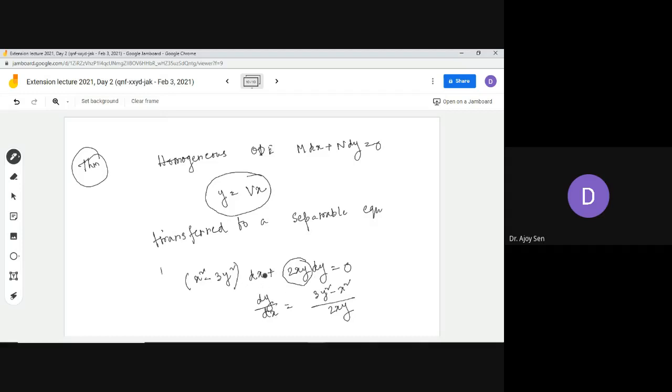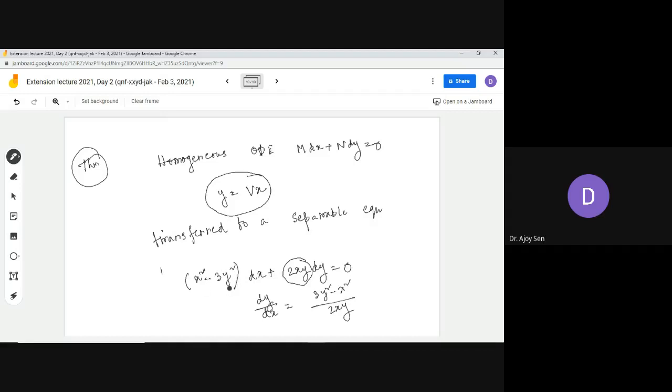Separable means only functions of y go with dy and functions of x go with dx. So at this point it's not separable because you see the dx part has y square in it and the dy part has x in it. Somehow we can remove the 2x by dividing the whole thing by 2x, but you can't remove y square so easily.